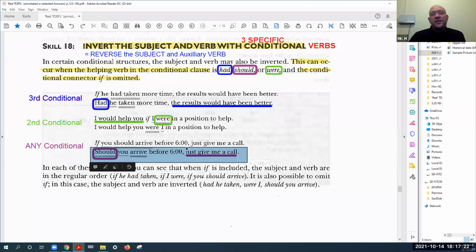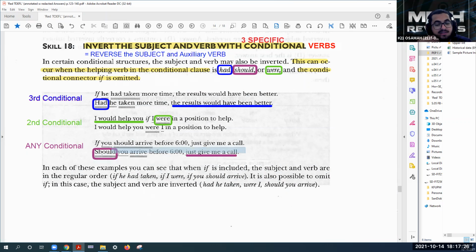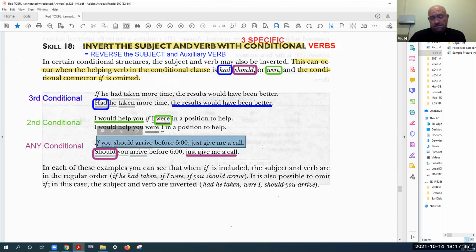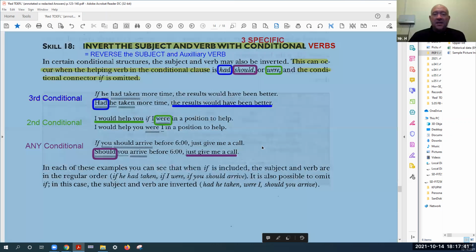Yes. Now, where is the main clause in this example? Just give me a call. Yes, the main clause doesn't take a connector.